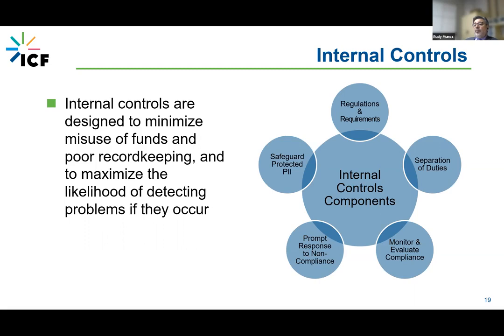It should incorporate separation of duties, which we've just discussed, monitor and evaluate compliance, taking prompt action in instances of non-compliance, and it should incorporate the reasonable measures to safeguard protected personally identifiable information, or PII.